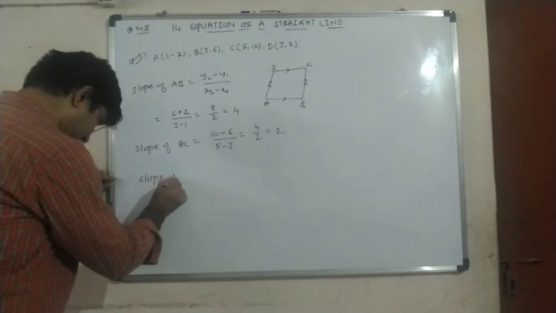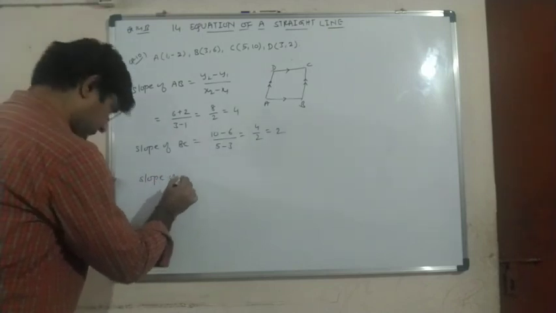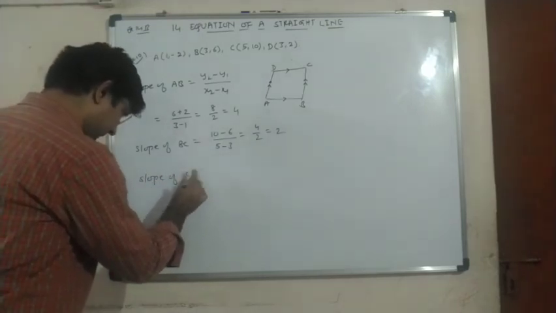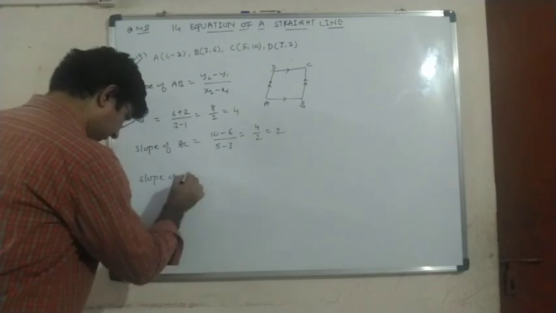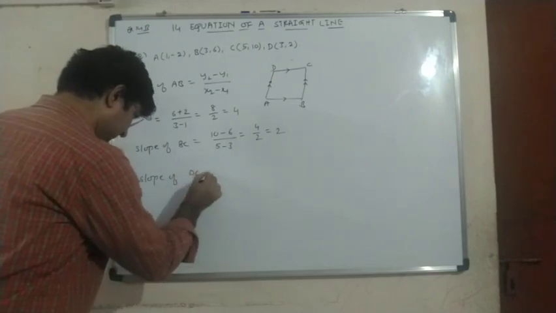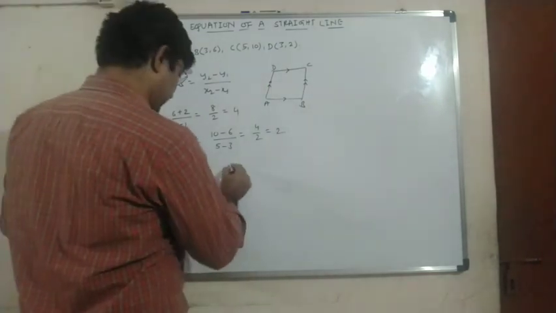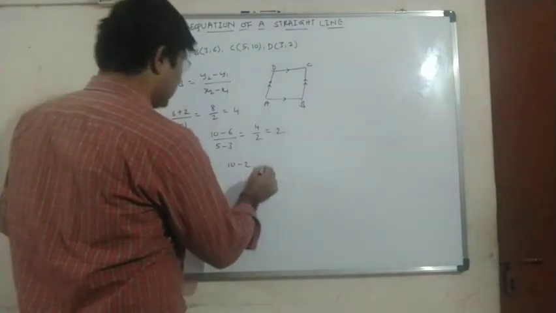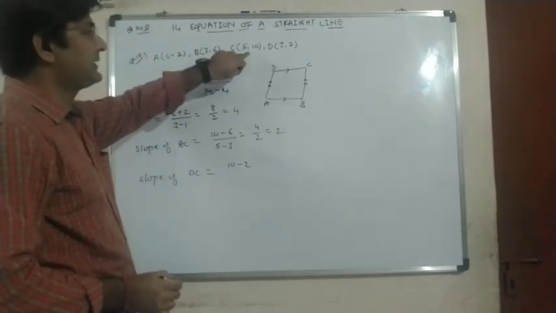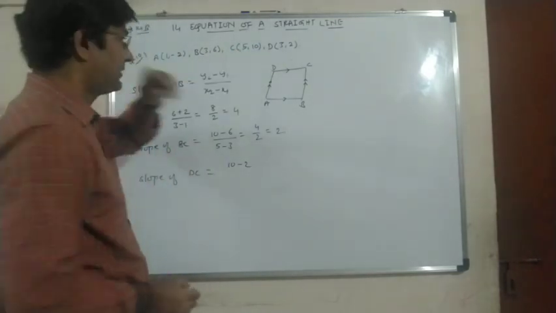Then we will calculate slope of CD or DC. Anyway, you can write DC or CD. Okay, 10 minus 2, I am taking C as x2, y2 and D as x1, y1.